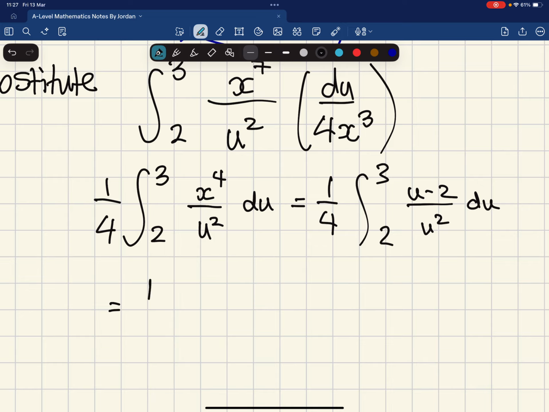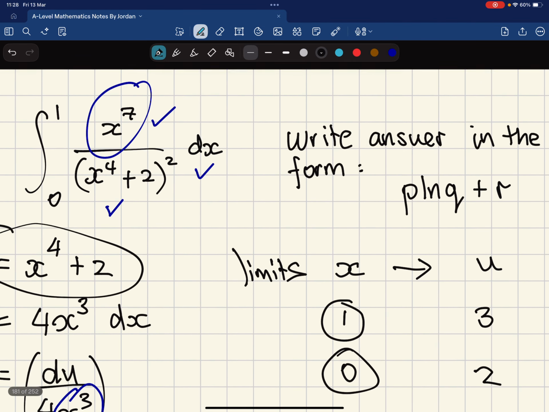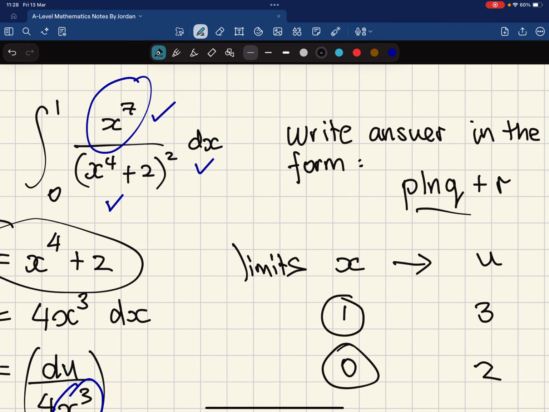And let me do a little bit more to it. I can still simplify a bit more, because u divided by u squared gives us 1 over u. Now you need it like that, because remember, 1 over u or 1 over x will go to log natural u or log natural x, and they did say we want a log natural there.